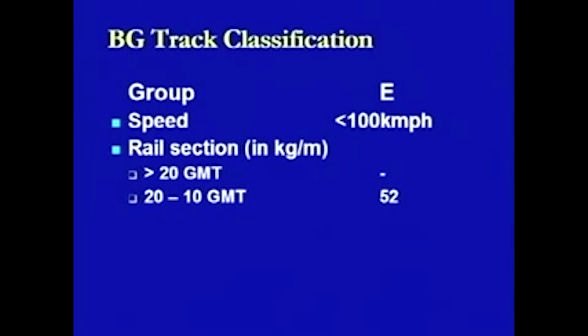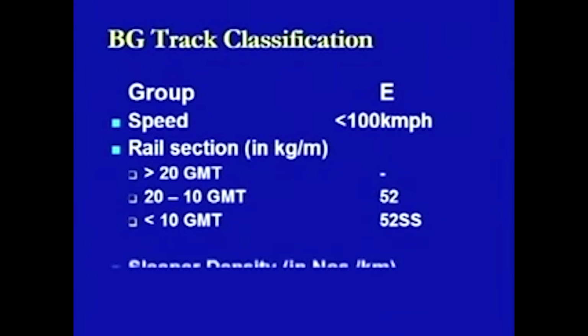In the category of 10 to 20 GMT, we are using 52 kg per meter rail section, that is, for per meter length of the rail section, the weight of the rail is 52 kg. And then in the case of less than 10 GMT, the rail section which we are using is another specific rail section which is defined as 52 SS section.